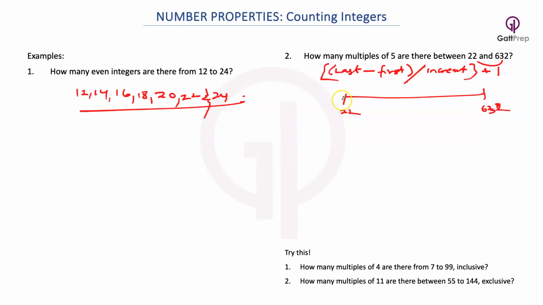Now here, the closest multiple of 5 to 22 is 25. And the closest multiple of 5 to 632 is 630. So we found the 2 numbers.